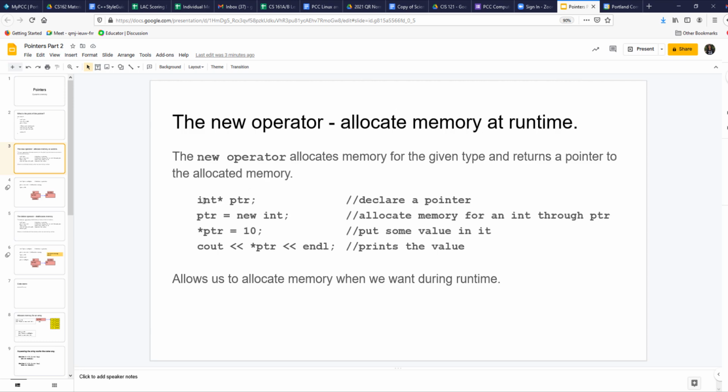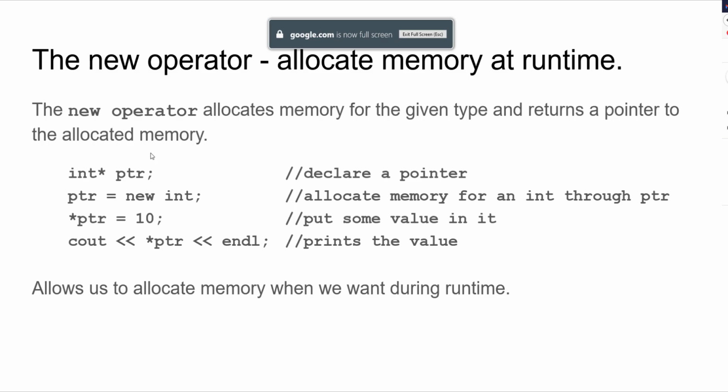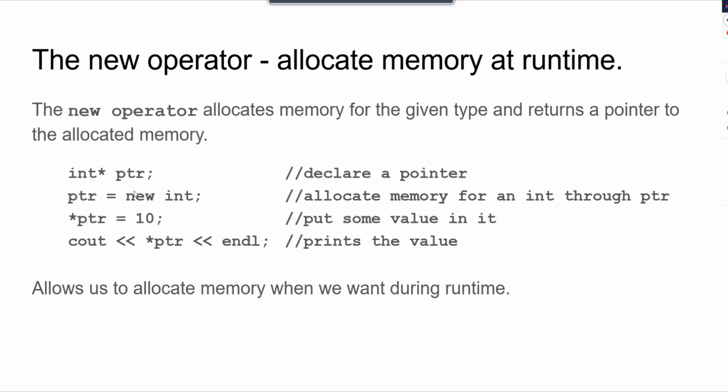So what we do is int star ptr, we create a pointer, and we say ptr equals new int. While the program is running, it allocates memory for an integer. Star ptr equals 10: we put a value into that integer that we just created on this line. Then cout star ptr. Now notice the middleman of that num doesn't exist here.